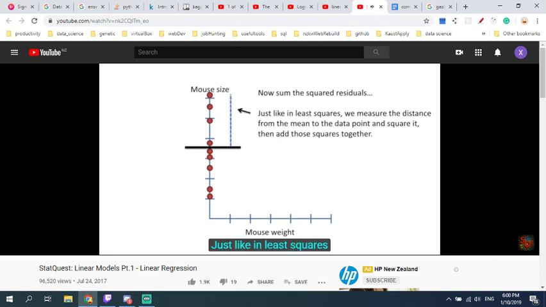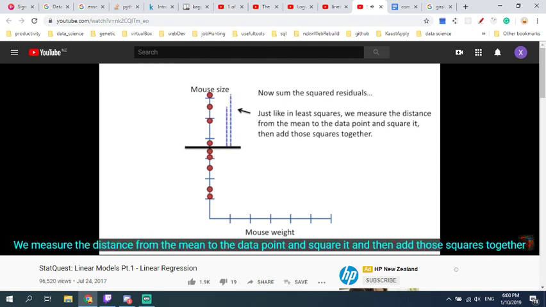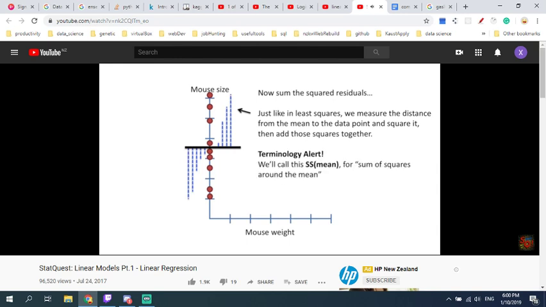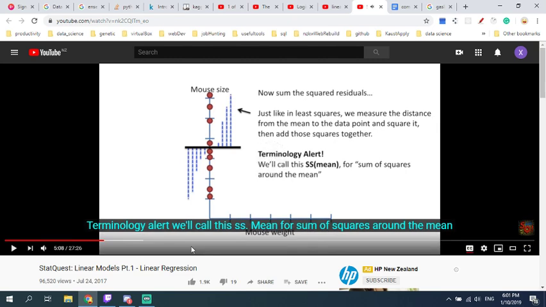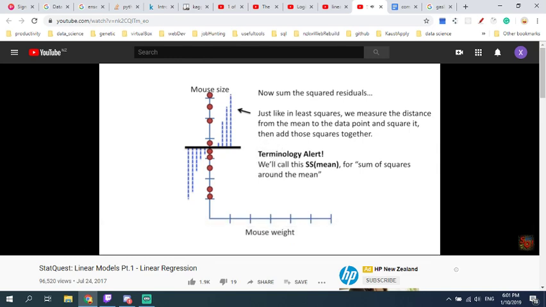Just like in least squares, we measure the distance from the mean to the data point and square it, and then add those squares together. Terminology alert. We'll call this SS mean for sum of squares around the mean.